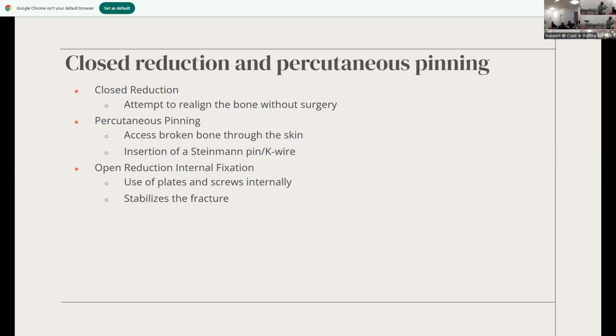You don't go to the doctor, sometimes you take it to some elderly person, and then they press and fix it. That's closed reduction.